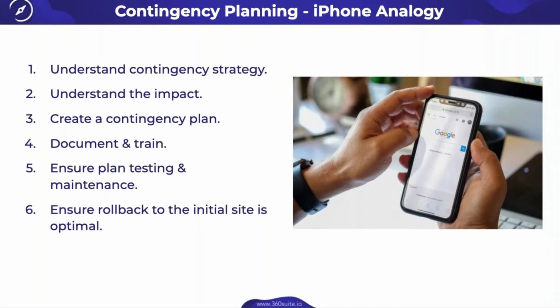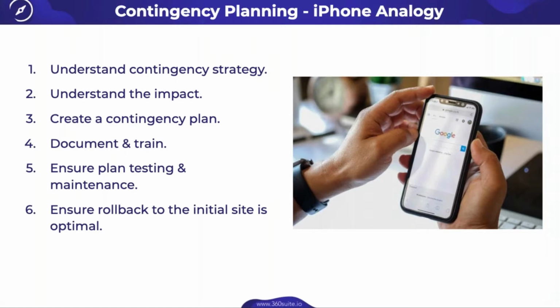Okay, so contingency planning, the iPhone analogy. You need to understand your contingency strategy, understand the impact, and create a contingency plan. Document and train, it's not my strong point, but it's good practice to have. If it's written down, anybody can follow it.